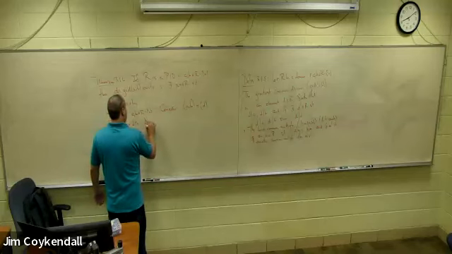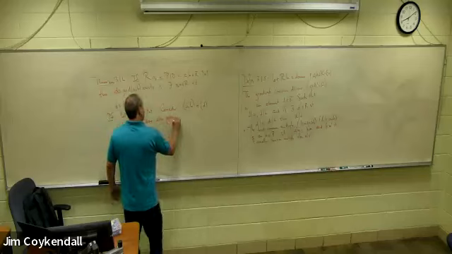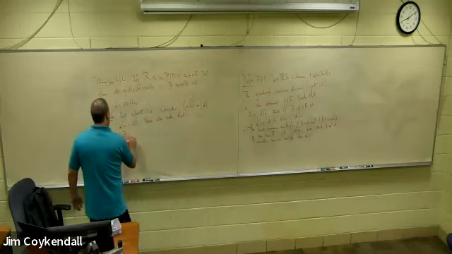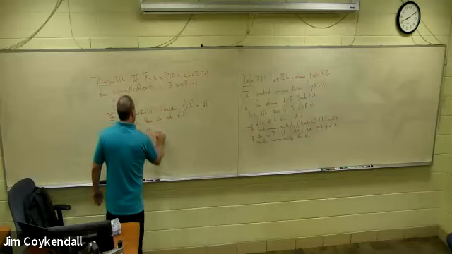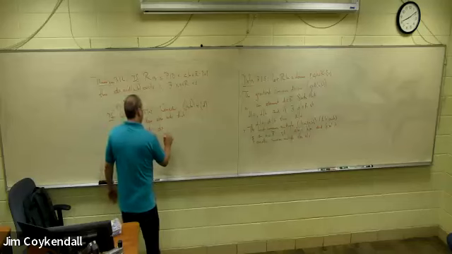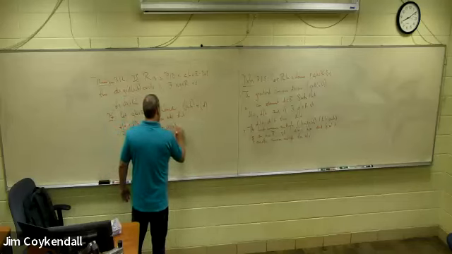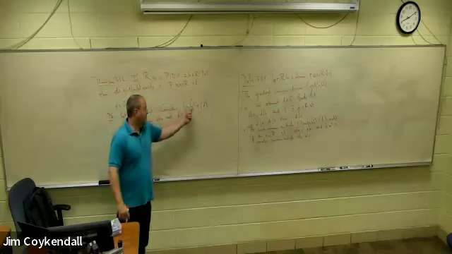Now, also note that there exist X and Y in R such that D equals AX plus BY. But that's the other containment of the ideal, right?